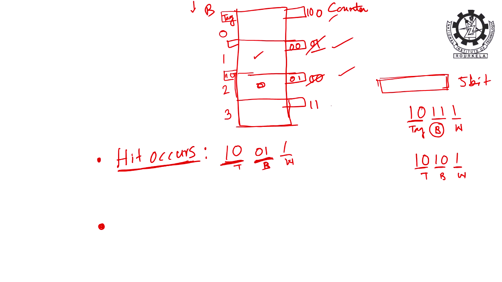Now, if a miss occurs and the set is not full, that means there are spaces, the block is not full. Basically we are talking about the set associative memory case. The miss occurs, but the block is not full, this is very simple.